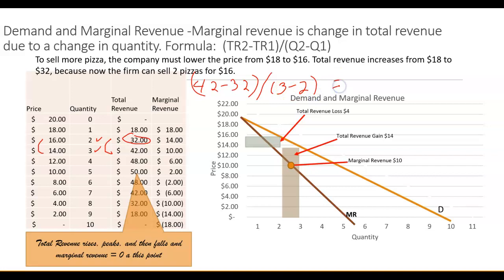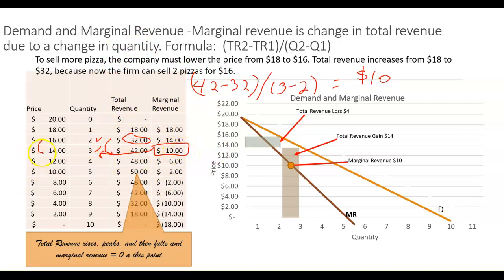And that is going to give us $10 marginal revenue. That means that we are getting $10 from the third unit that is sold. Okay. So the third unit is giving us $10 extra.